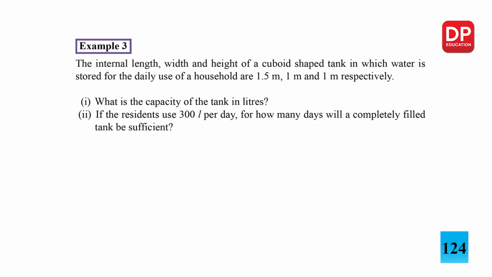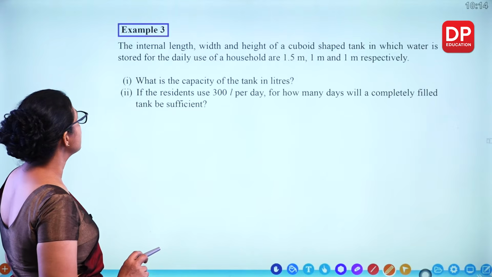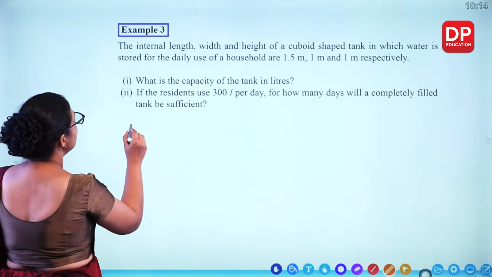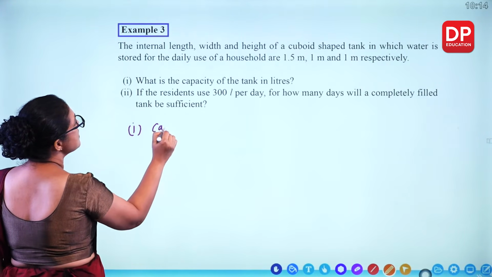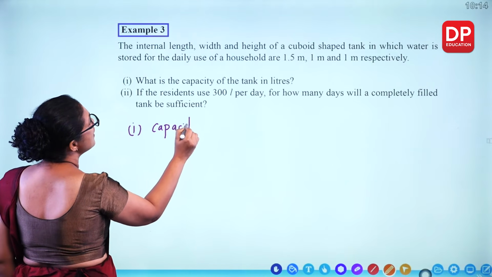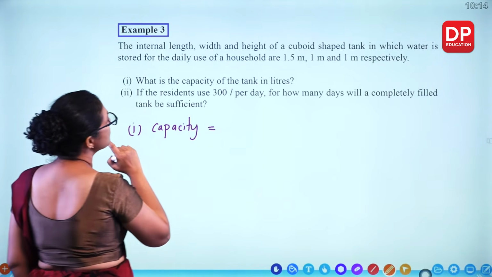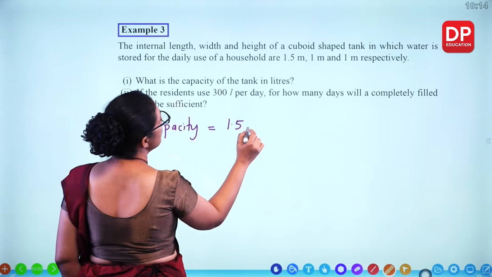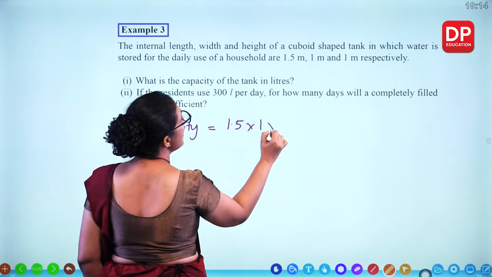Example number 3. The internal length, width and height of a cuboid shaped tank in which water is stored for the daily use of a household are 1.5 meters, 1 meter and 1 meter respectively. What is the capacity of the tank in liters? So capacity is the volume of the cuboid. 1.5 meters, 1 meter and 1 meter.